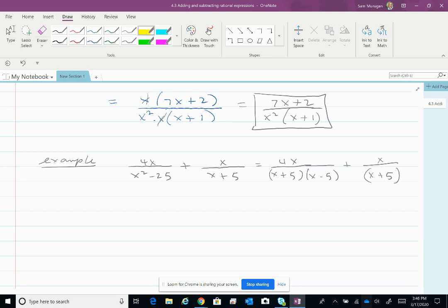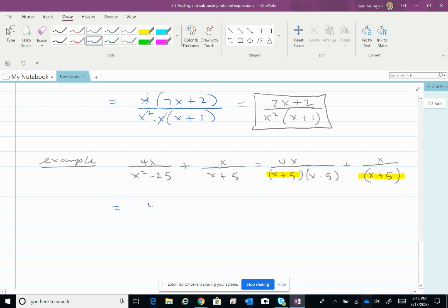So what we've got here is x plus 5 is already common. The only thing that we would need to do here is multiply this term here by x minus 5 to get the denominators to be the same.